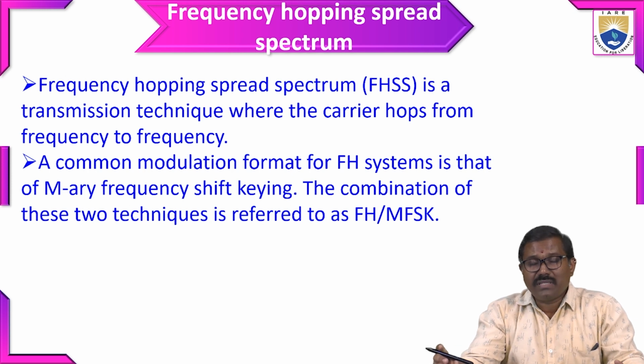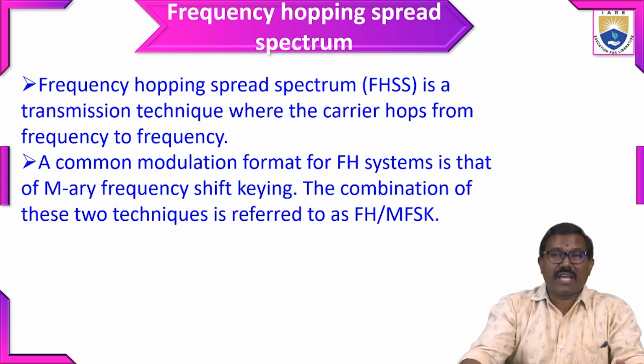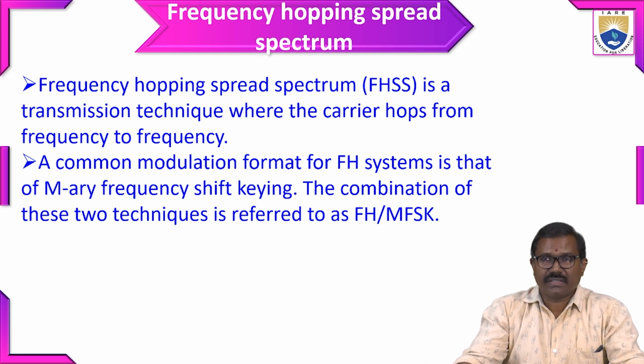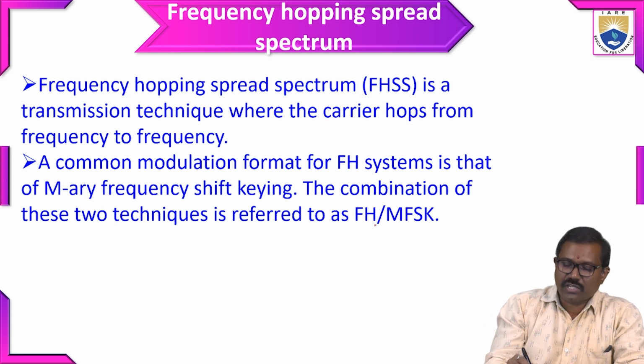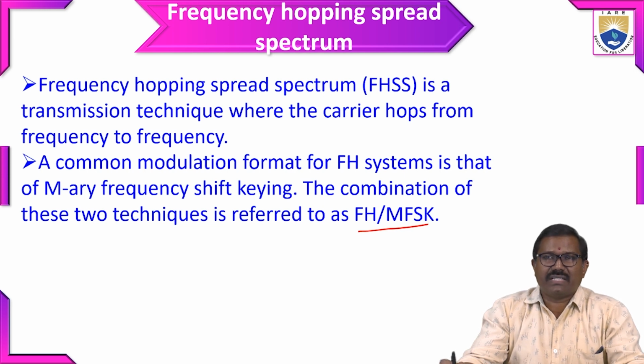In the place of 1 bit, I am sending 2 bits at a time. That is M-ary. For a frequency hopping system, we use M-ary frequency shift keying. The combination of these techniques is referred to as FH/MFSK, frequency hopping M-ary frequency shift keying. So this is a combination.